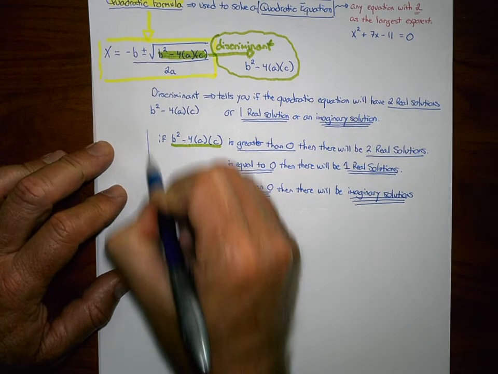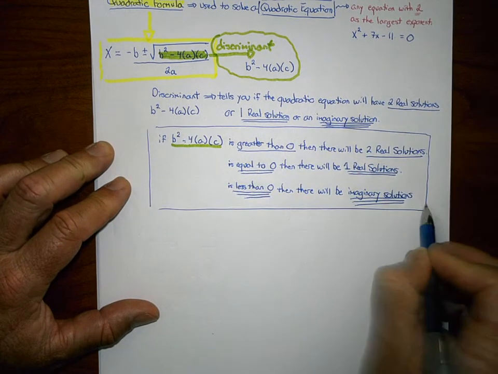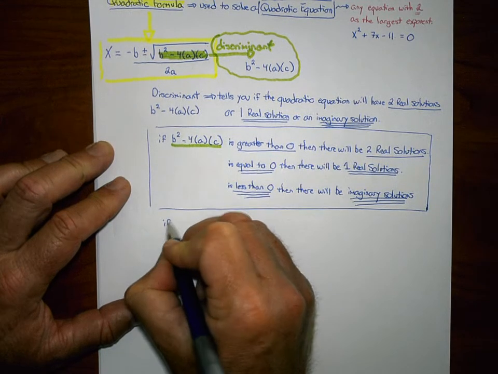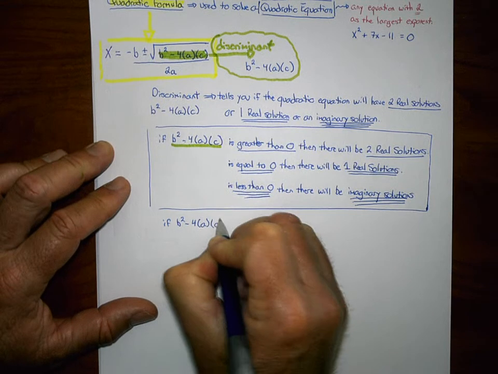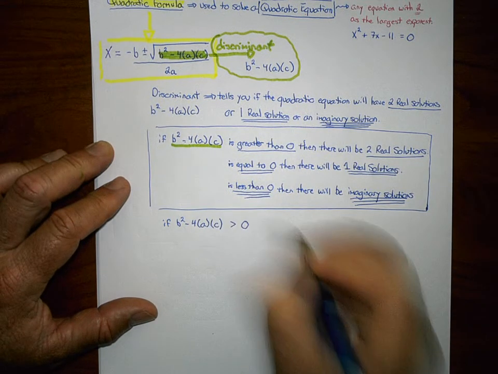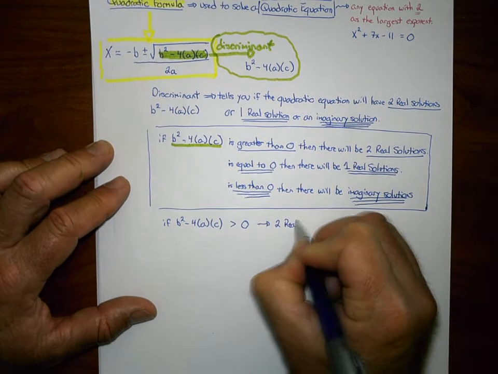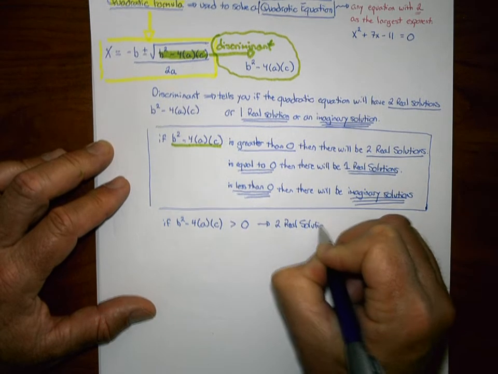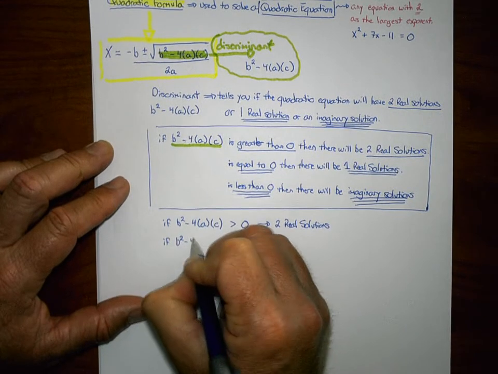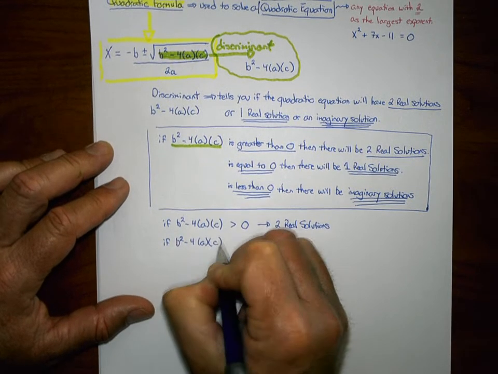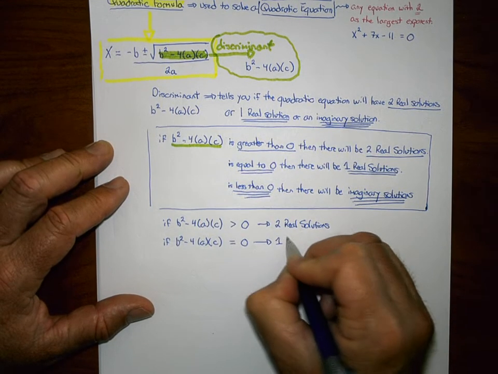And if I wanted to rewrite this without so many words and in just mathematical symbols, I could write it like this. If b squared minus 4ac is greater than 0, this means two real solutions. If b squared minus 4ac is equal to 0, that will mean you're going to have one real solution.